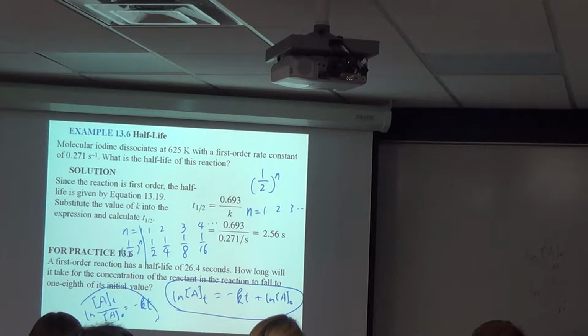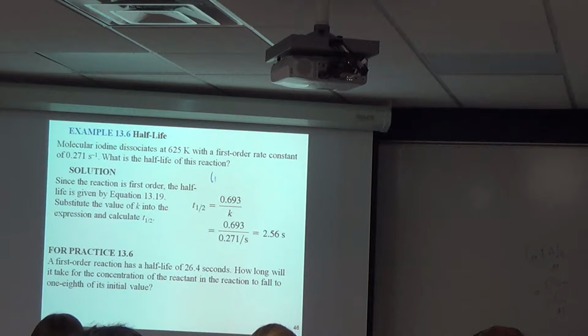Let's erase what I wrote, and I will just write ln At over A0 equals negative kt. By reading this problem carefully, we identify At is 1/8 of A0. That's what the question tells you.